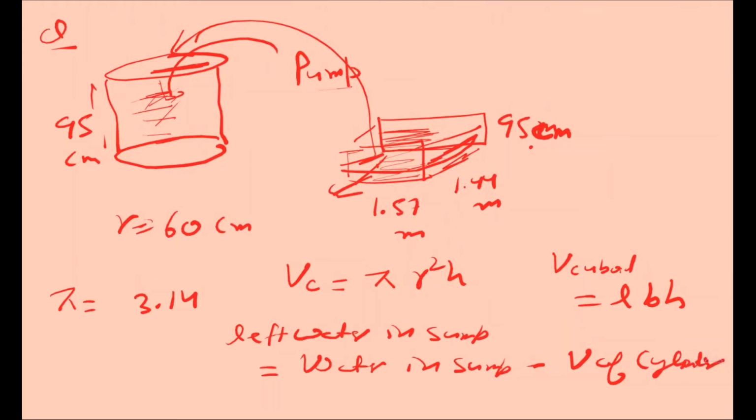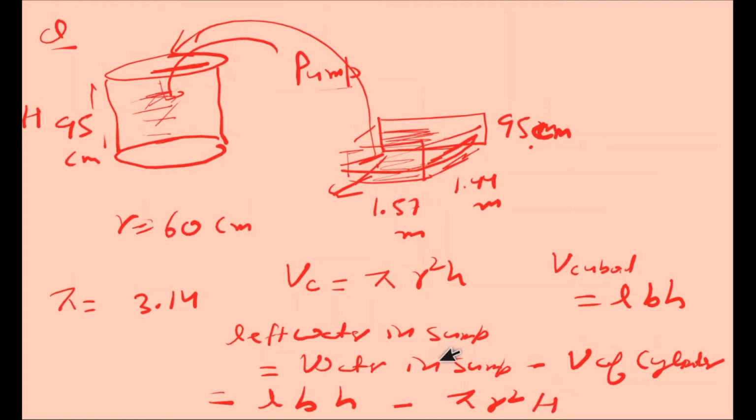Okay, so now you can understand that water in sump is equal to lbh, and minus volume of cylinder is pi r square h, let this height be h.